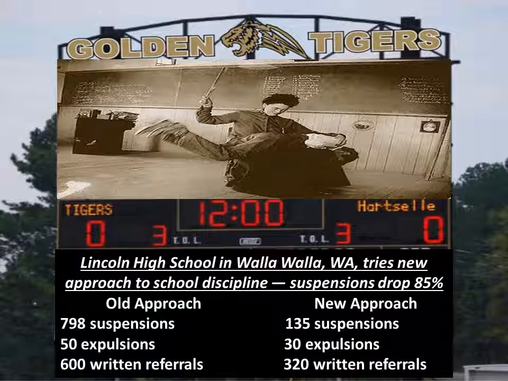What they decided to do is, instead of instituting a zero tolerance policy, when a student got in trouble or misbehaved, they decided to sit that student down and speak with them briefly, maybe 5 to 10 minutes, let the student tell their side of the story, gather all the facts, and find out really and truly what caused the misbehavior and if there was any way to prevent this in the future without suspending or expelling the kid. And we can see here how much it improved in this particular high school.